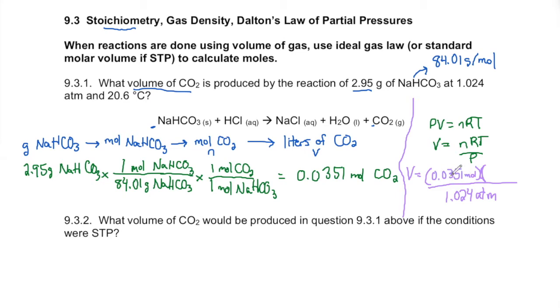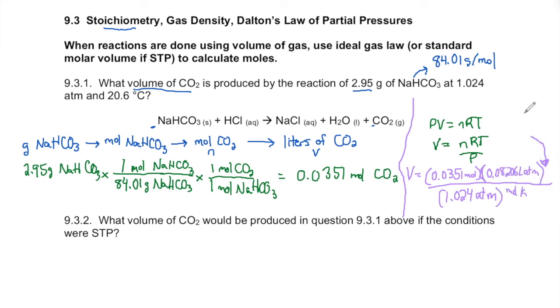So n is our 0.0351 moles. P is in atmospheres, it's 1.024 atmospheres. So we're going to use the value of R that is based on atmospheres, 0.08206 liters atmospheres per mole Kelvin.